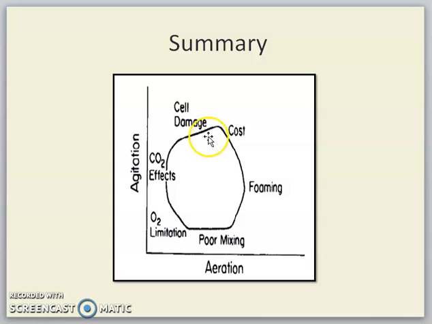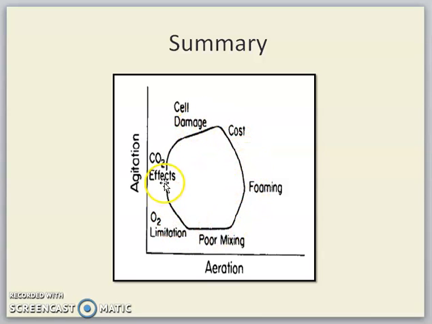Therefore we need to consider all these things: the cell damage, the cost, the foaming, the mixing, the type of mixing itself, because we need a very good, very uniform mixing, and in terms of the oxygen and the carbon dioxide effects. So we need to consider all these factors here.